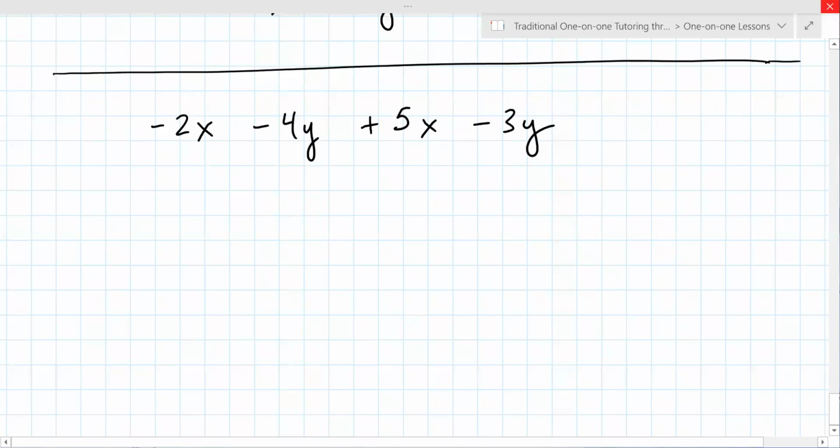Negative 3x, negative 7y. Look at it one more time. There's a small error in what you just said. Small error, alright, very small. Okay. I got, hold on.